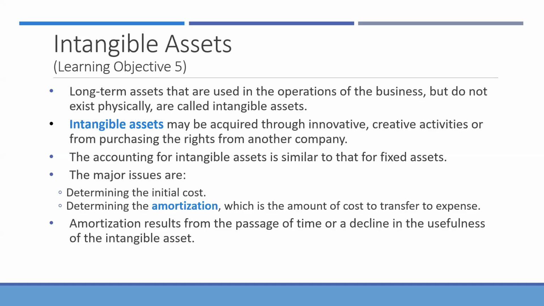And the major challenges with them are determining the initial cost and determining the amount of amortization, or whether they should be amortized at all. For example, goodwill doesn't have a useful life. It's created when a company acquires another business for more than the sum of its assets, because businesses are more than the sum of their parts.